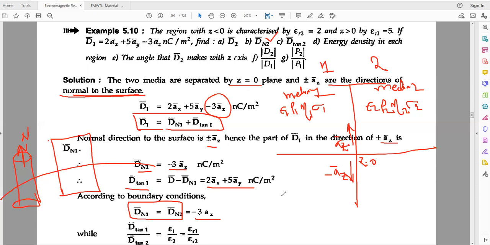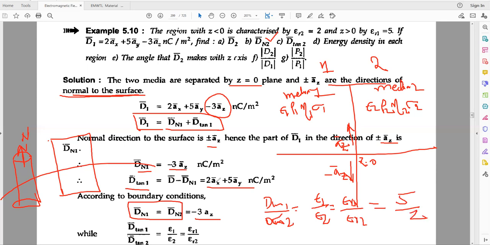And for the tangential components, according to the boundary conditions, the ratio of D tan 1 by D tan 2 is equal to epsilon 1 by epsilon 2. That is given in terms of epsilon r1 by epsilon r2. Epsilon r1 is 5 here and epsilon r2 is 2, so 5 by 2.